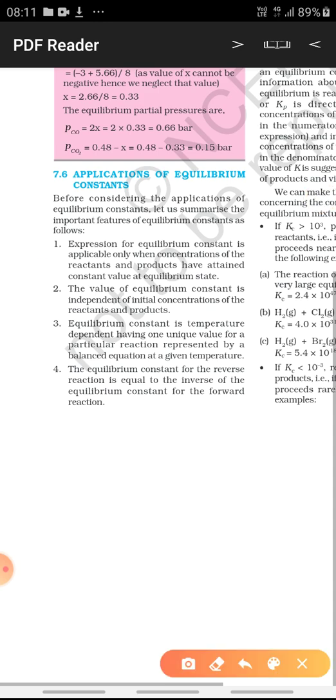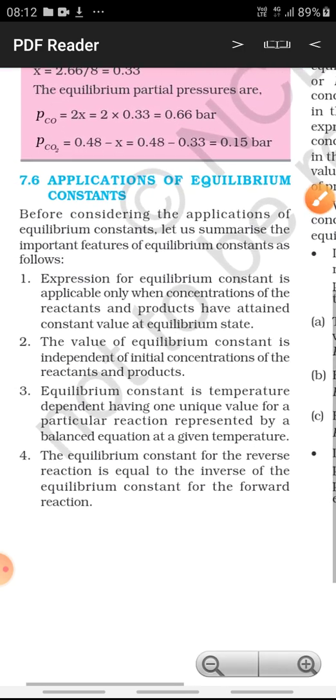First, its characteristics are being told. The expression of equilibrium constant is applicable only when concentrations of reactant and product have attained the equilibrium value. That means the equilibrium constant can be calculated only after the establishment of the equilibrium.